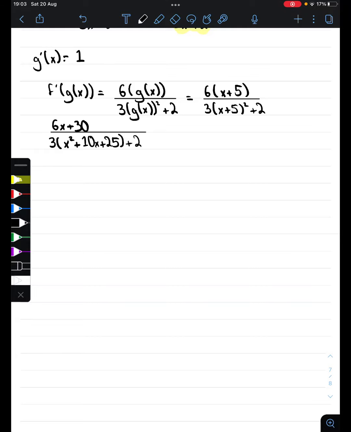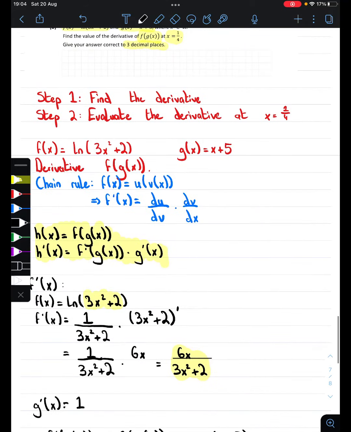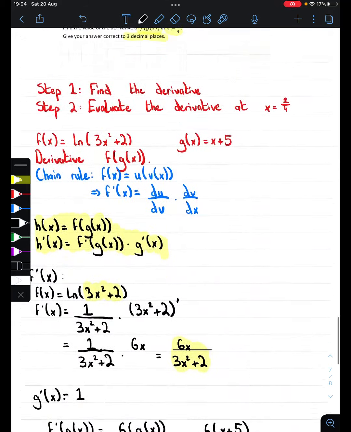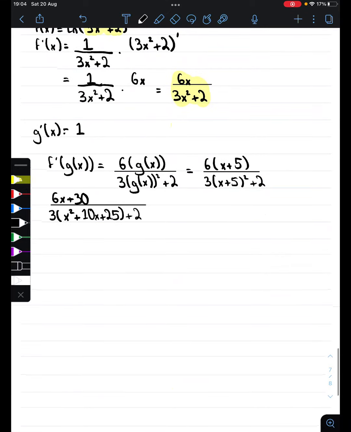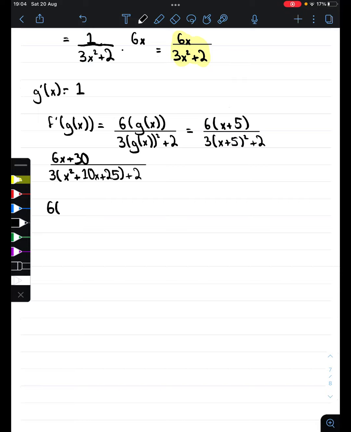You could finish simplifying this, but we don't need to, because all we need to do is evaluate the derivative. That's the main thing we're looking for. So now we have to sub in x equals a quarter. We get 6 times 1/4 plus 30 all over 3 times 1/4 squared plus 10 times 1/4 plus 25 plus 2.